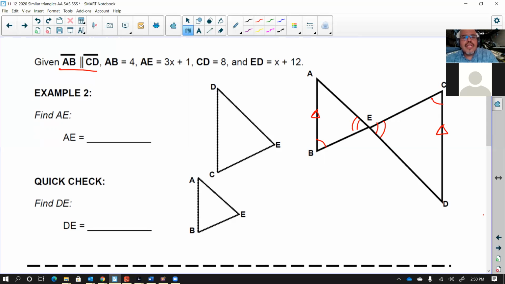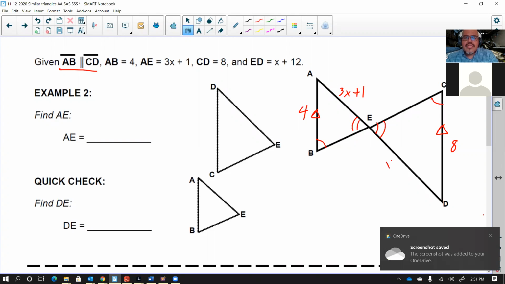Now, we're told that AB is 4 units. AE is going to be this formula, 3x plus 1. Okay, so that's how we mark those two. Then we have that CD is 8 units, and then we mark this as x plus 12. So we're going to solve this.